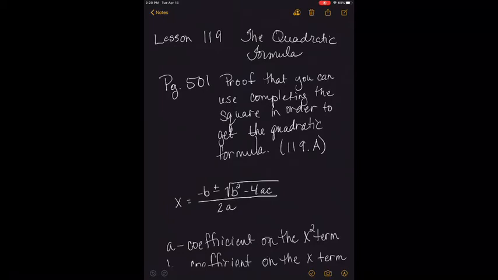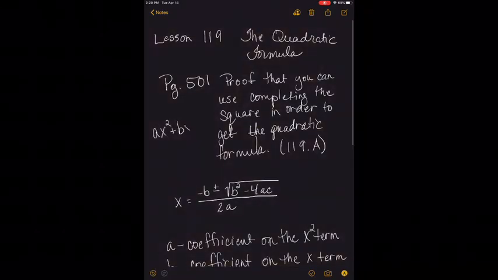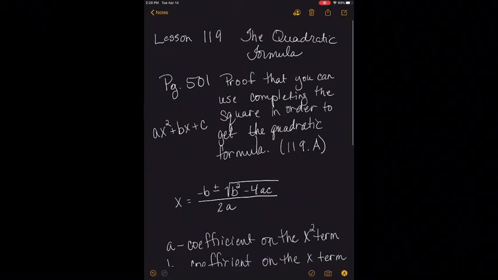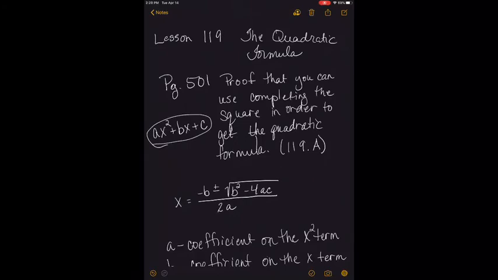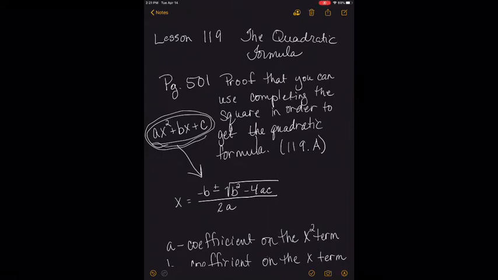It actually comes from setting up an equation such as this, ax squared plus bx plus c, and using completion of the square with this equation in order to come up with this formula.